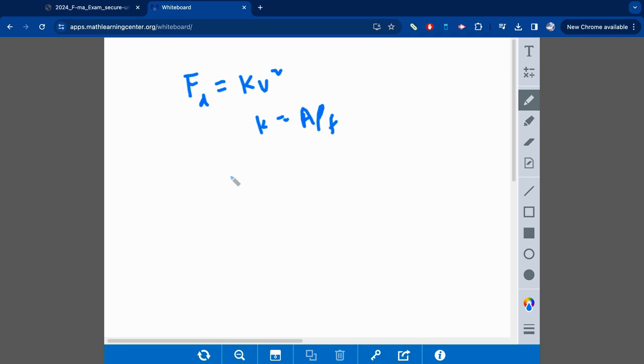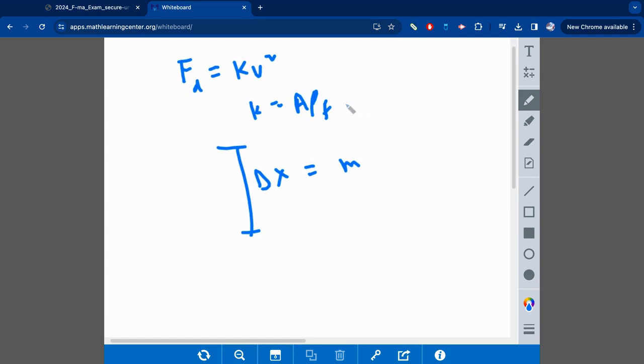So basically, what we're looking for is displacement, which has units of meters. And we know that we have this quantity, the drag force, we have k, and we also have the mass of the ball. So we can call that M, the mass of the ball.